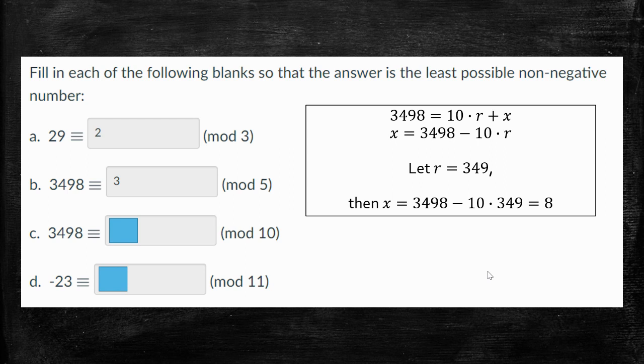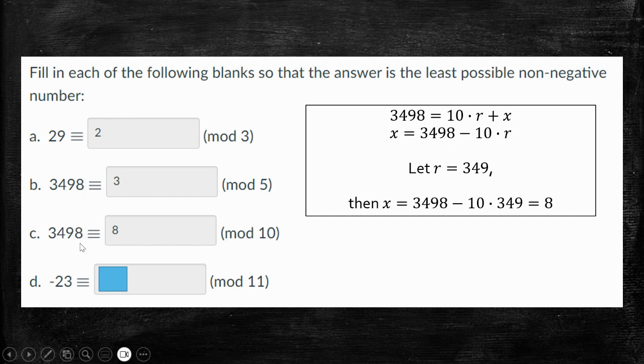And honestly, for these last 2 examples that we've done, you could really just look at the number. We know that if a number is divisible by 5, then the number ends in 5 or 0. Example B ends in an 8. So we know that 3,495 is divisible by 5, and so this would just be 3 more.